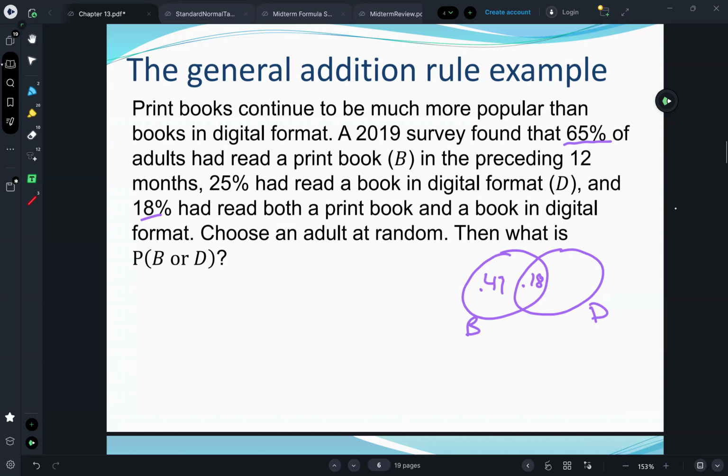That's what's given. So what would be the piece that is D? We've already got 0.18, but all of D together adds up to 25%. So what should I put in for the part that's missing? What's missing?